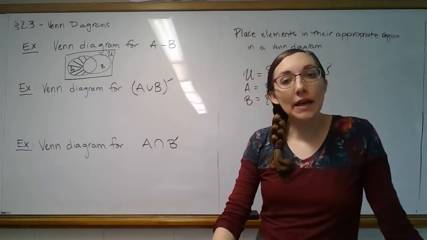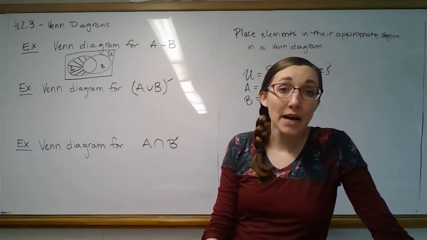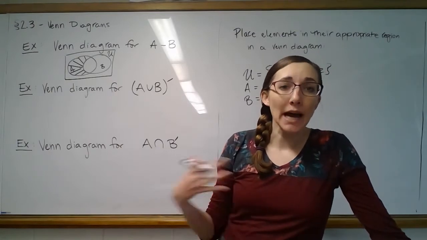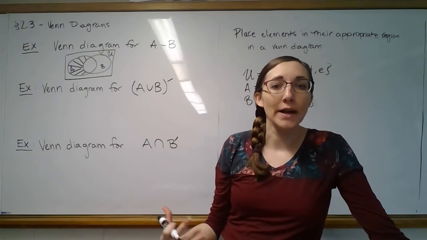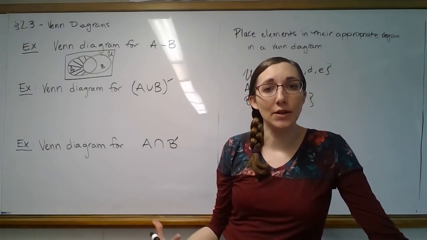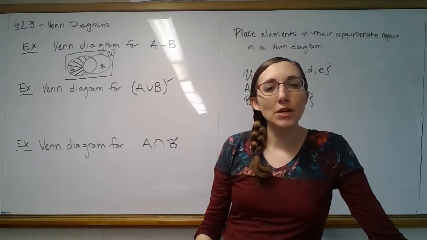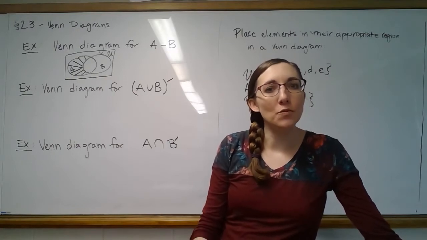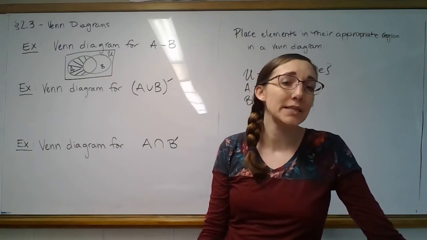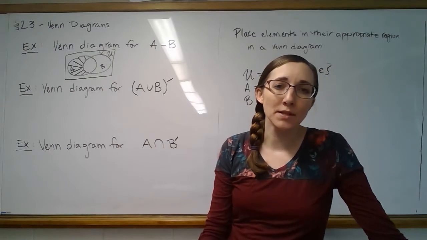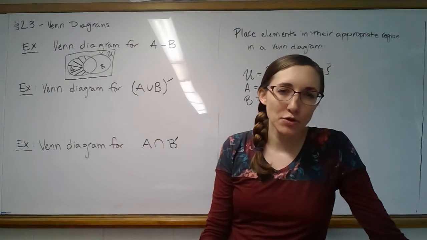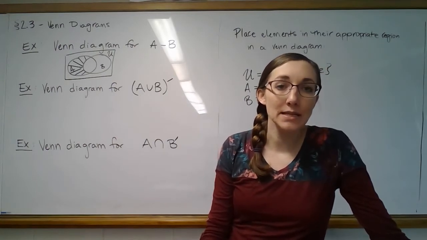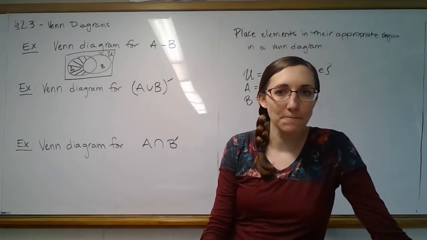Now the next thing that we can do with Venn diagrams is, again, like we did with set operations, we can do more than one operation in a single problem. And the way we're going to do it is likely one step at a time. Potentially, we might be able to see more than one all in one step, but a lot of times doing them one step at a time will be easier, especially in the beginning.